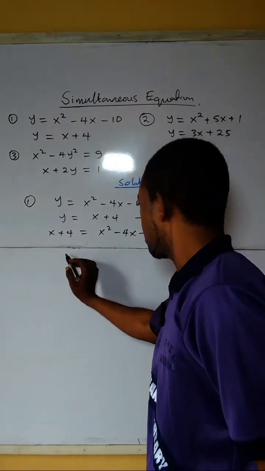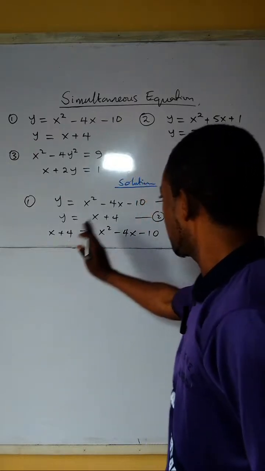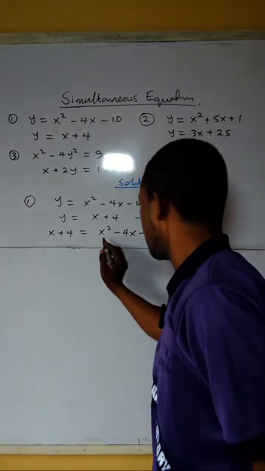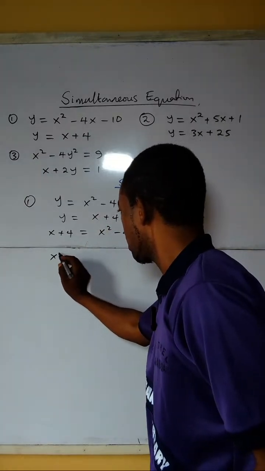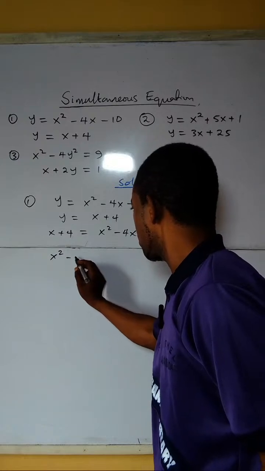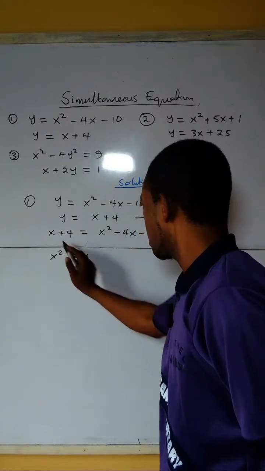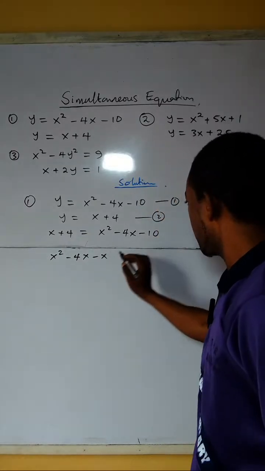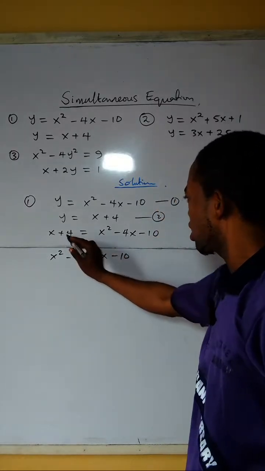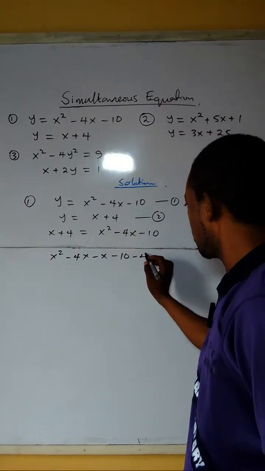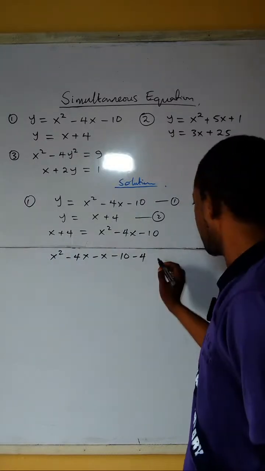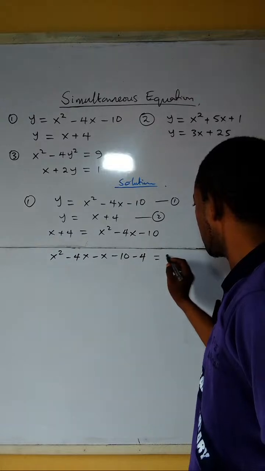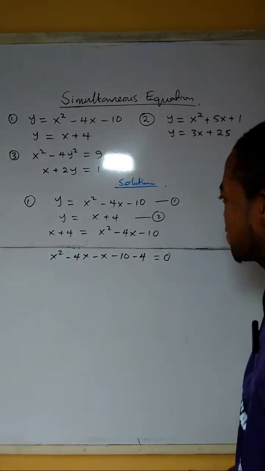Taking everything to the right hand side, already here we have x squared, then minus 4x. Taking plus x here becomes minus x. Then we have minus 10 already. Taking plus 4 here becomes minus 4. Then 0 will be left here, same thing as putting equals 0 on this side.